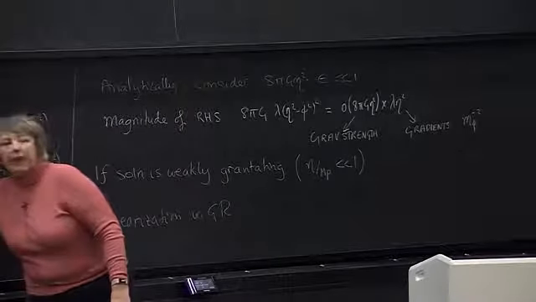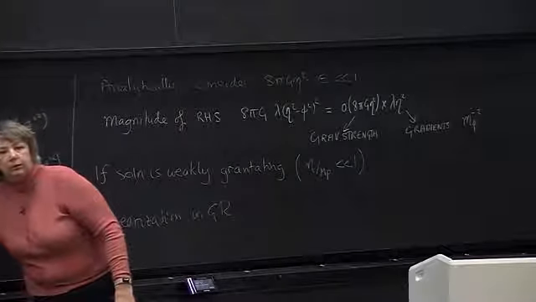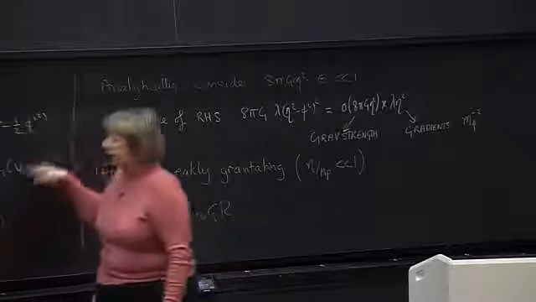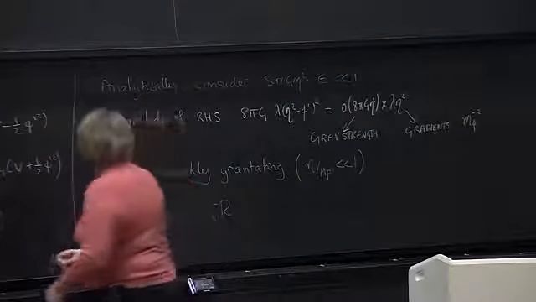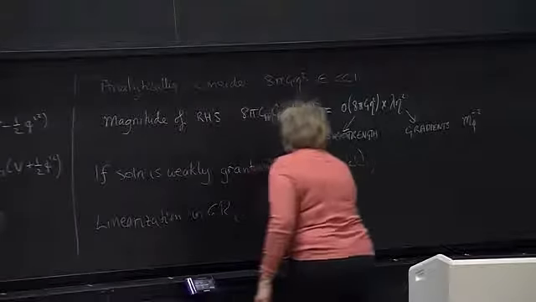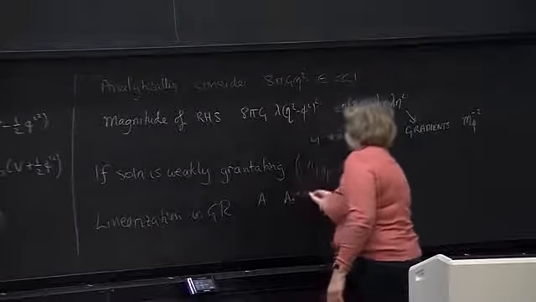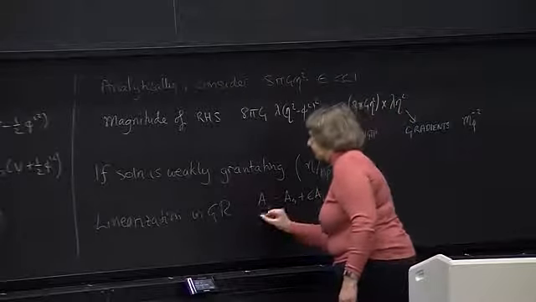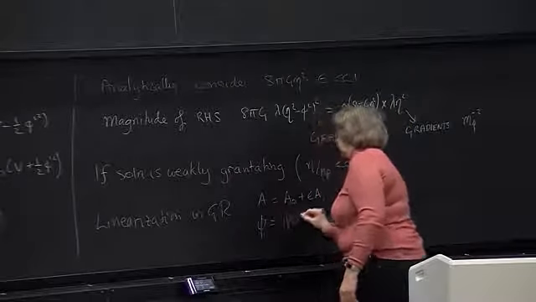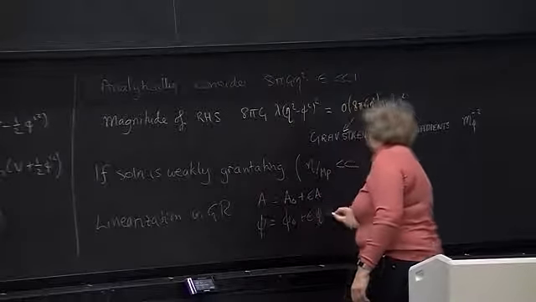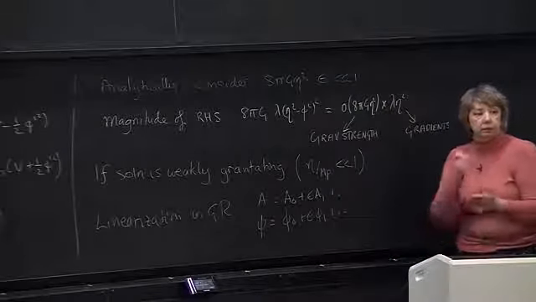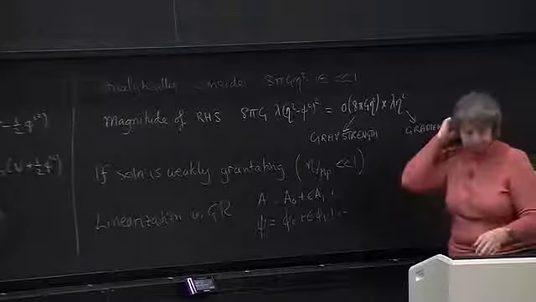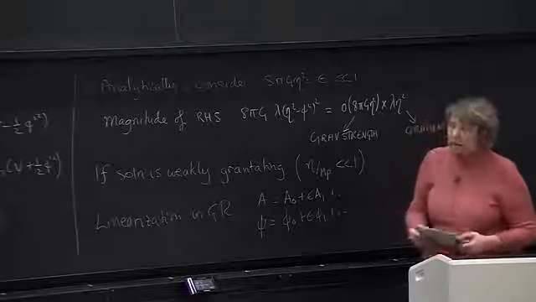This can then feed back in, giving me an order epsilon correction to my fields, which then feeds back in, giving me order epsilon squared, and so on. So what you're doing is writing A is A0 plus epsilon A1, phi is phi naught plus epsilon phi 1 plus ... and you're simply doing a series expansion and solving order by order in epsilon. So it's a useful technique in gravity.